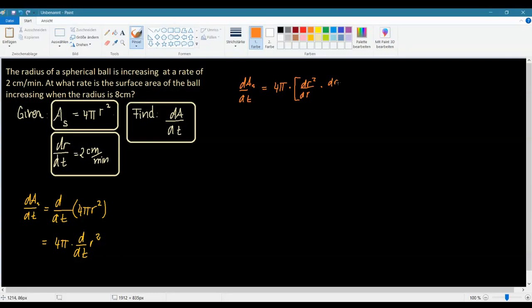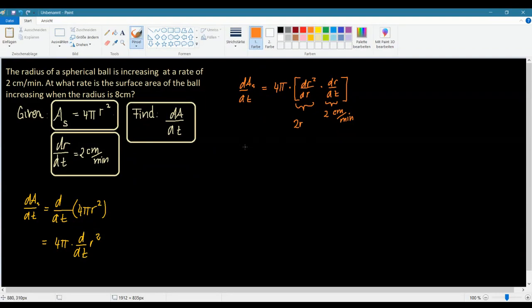So that's dr by dt. Well, we know what this is, right? This is 2 centimeters per minute. And we know what this is because we have the same variable here. We can just use the most rudimentary of our differentiation rules, the power rule, and it's 2r.